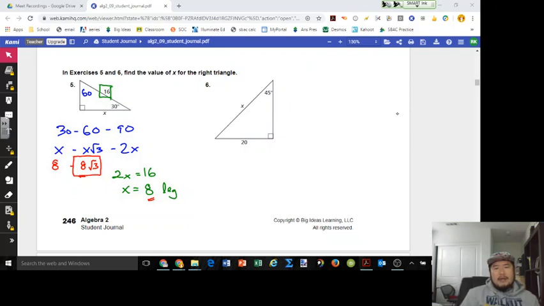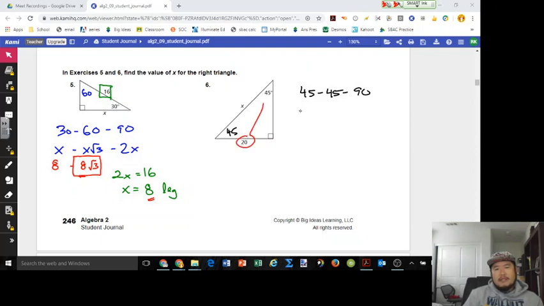Let's try the last one right here. I look at this, I've got 45, 90. That means that this angle happens to be 45. So we have another special right triangle. Remember, if it's 45, 45, 90, it is an isosceles triangle. Side opposite of 45 is 20, right?